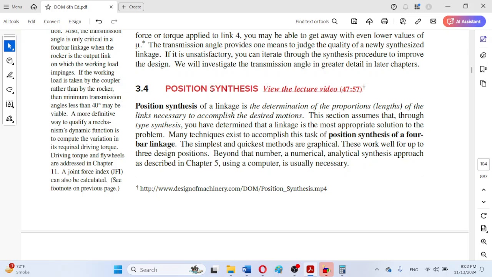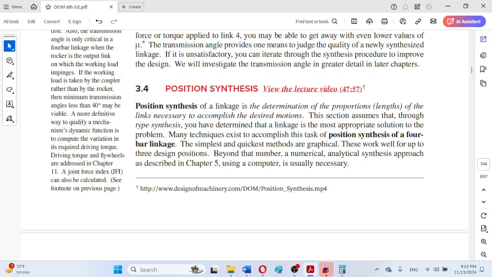In the analysis the sizes have already been determined, whereas in the synthesis process the sizes are actually determined.